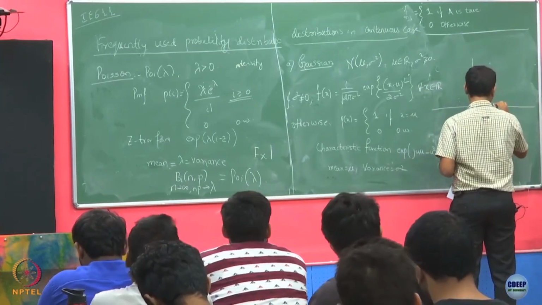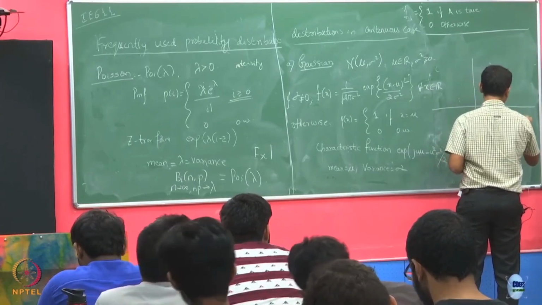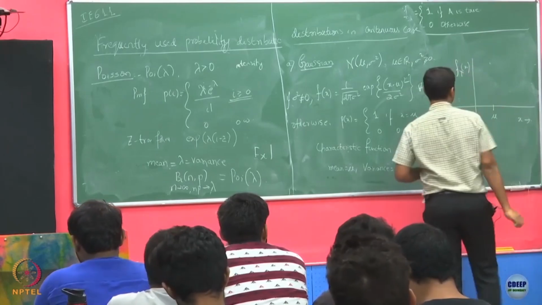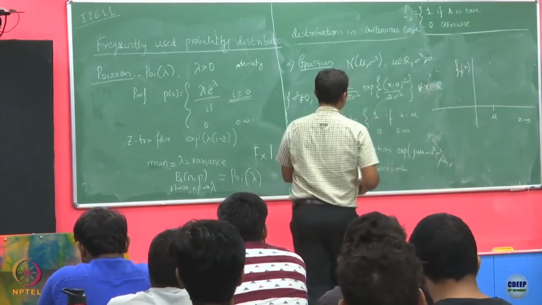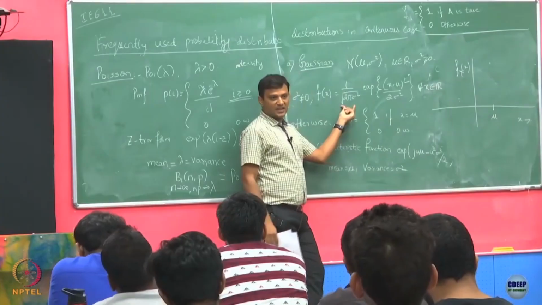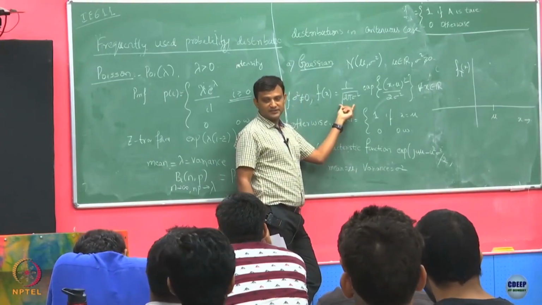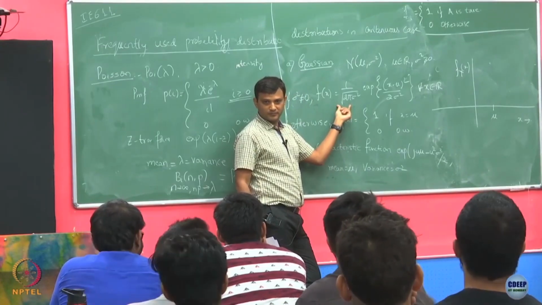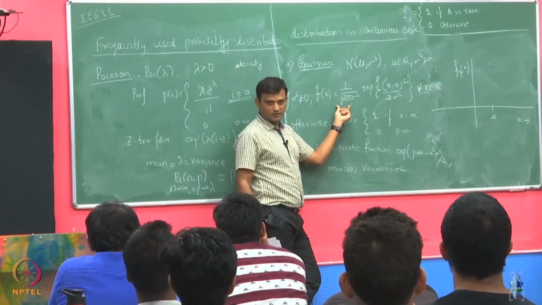So let's say this is my mu here, and this is my x. Just looking at this function in variable x, is this function symmetric in x? About what? About mu.